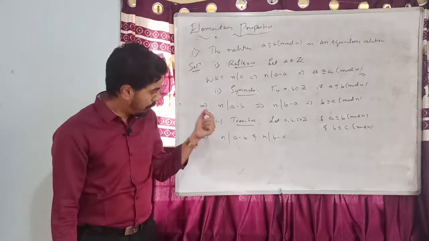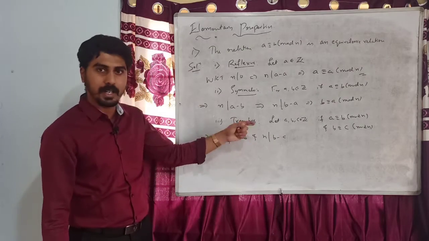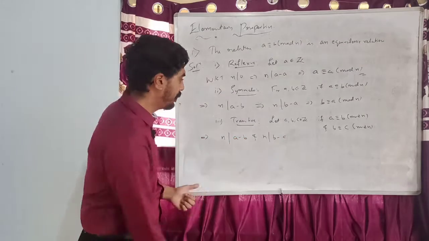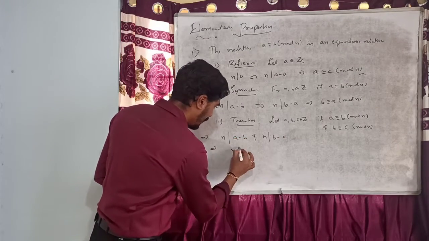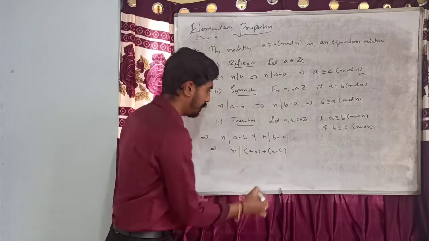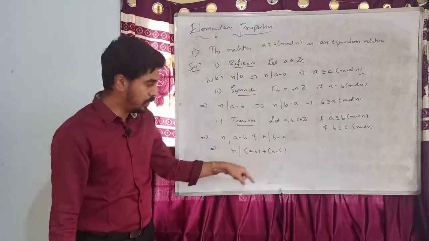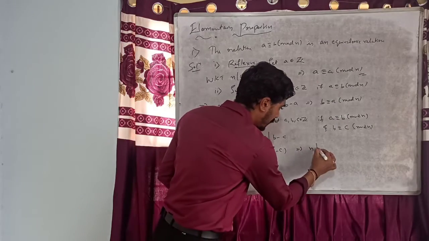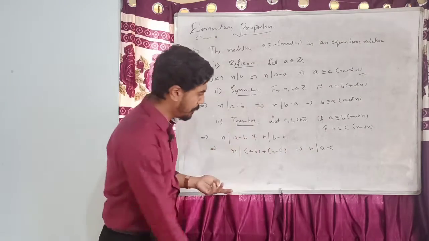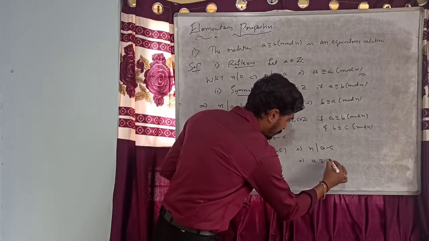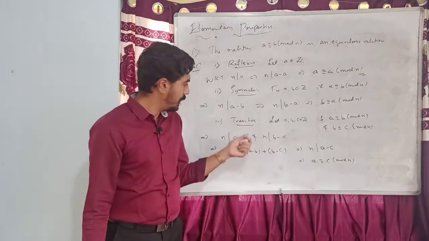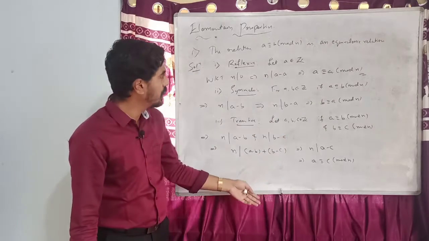Now, by the property of divisibility, n divides the sum of these two terms, that is n divides a minus b plus b minus c. Here b and b get cancelled, so I get n divides a minus c, and so a is congruent to c modulo n. So here we have shown that this relation is a transitive relation.